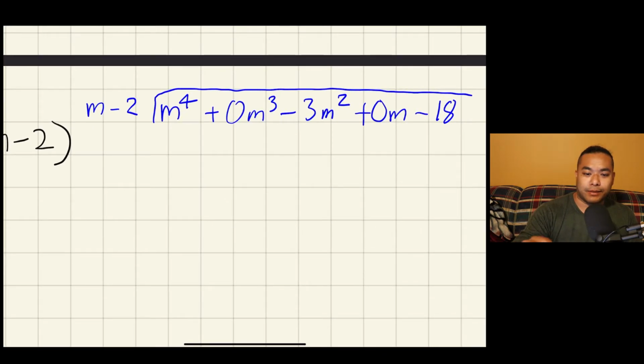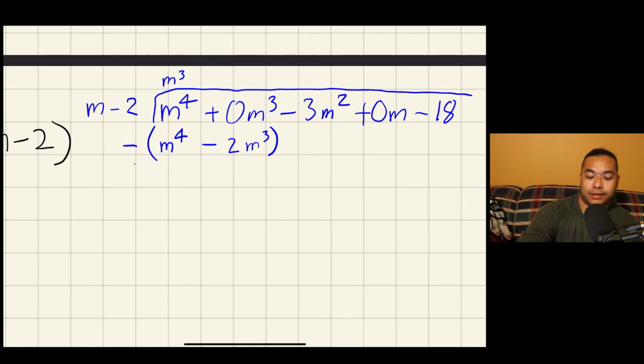So how many times does m go into m to the fourth? That's just going to be m cubed. M cubed times m gives me m to the fourth. Multiply m cubed by m minus 2, we get m to the fourth minus 2m cubed. Subtract all of this, and take a look. I have 0m cubed on top of negative 2m cubed.